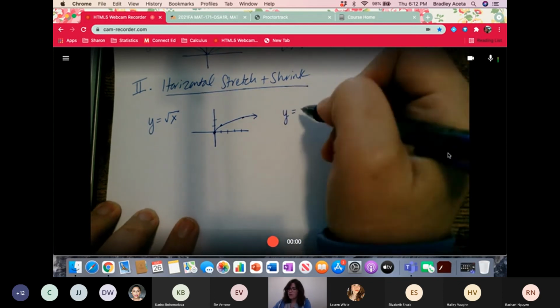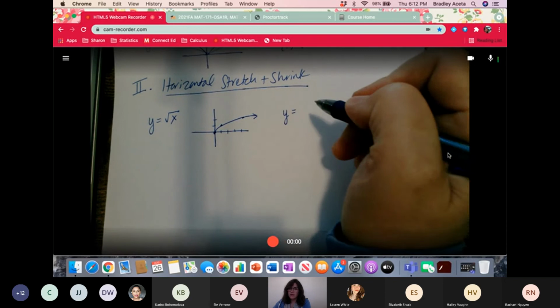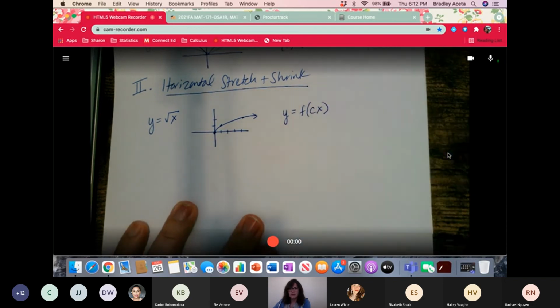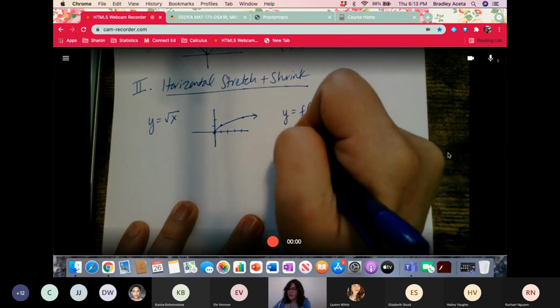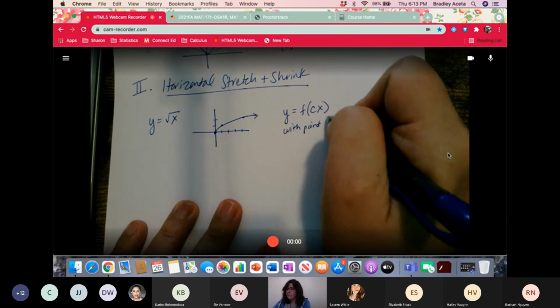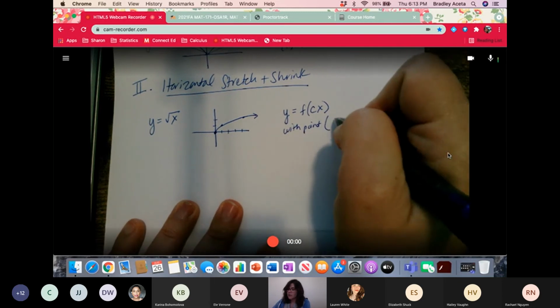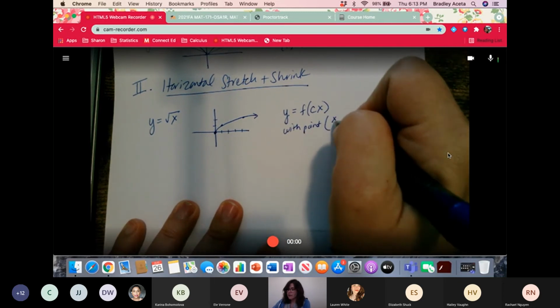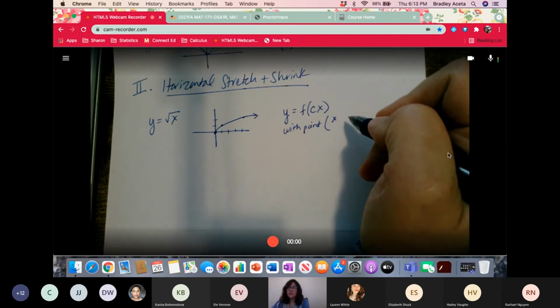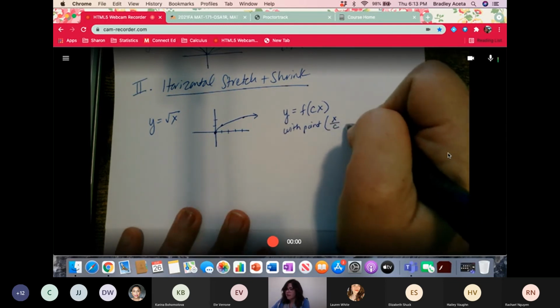So this one would be where I put the c value, the constant value, inside the parent, c of x. And what ends up happening is, with the point, you actually multiply your x value by 1 over c, which is the same thing as dividing by c.